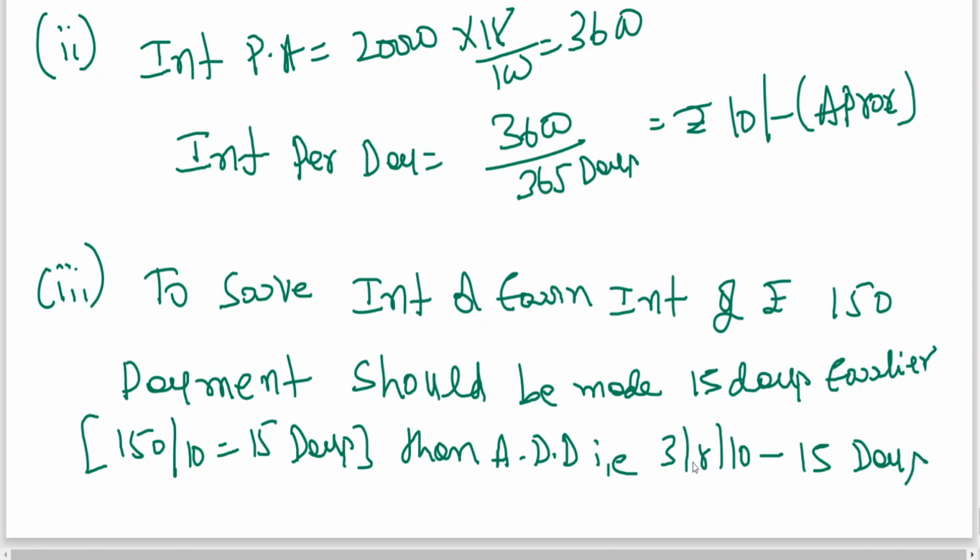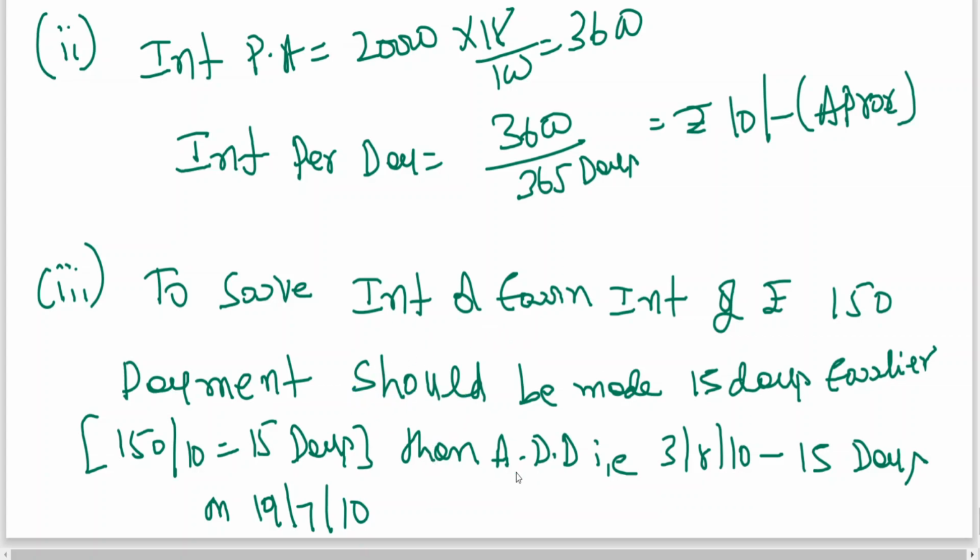3rd August, 3 days already there. 12 days of the preceding month, July. 31 minus 12, 19 days. I think you can do it. So that is on 19/7/2010. To save interest of 150, payment should be made 15 days earlier than average due date.